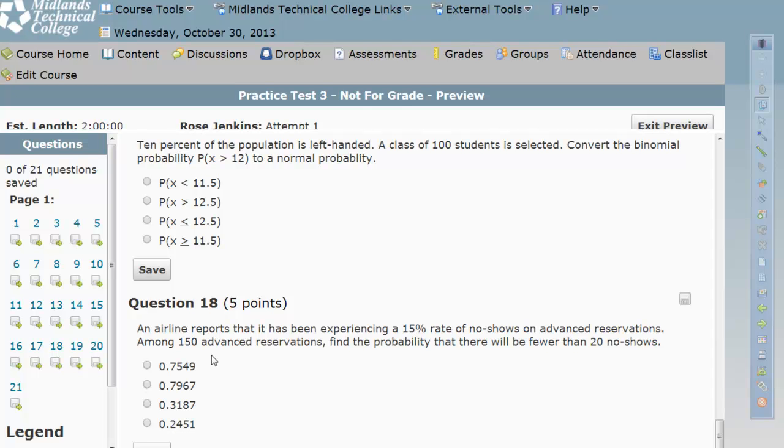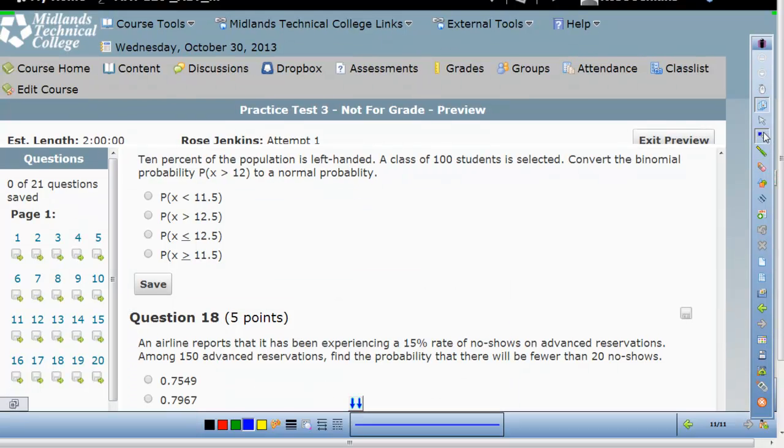In order for us to change from binomial to normal, we have to correct for continuity. So the number, in this case 12, in a binomial is 12. In a normal, we're going to represent this as a range, 11.5 to 12.5.